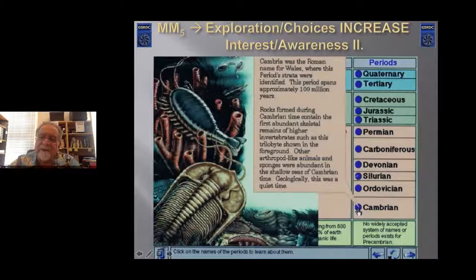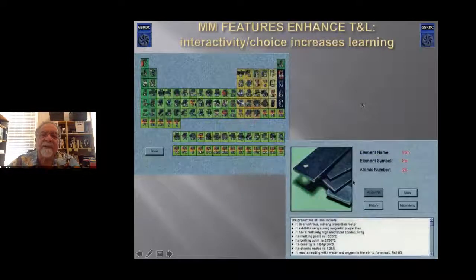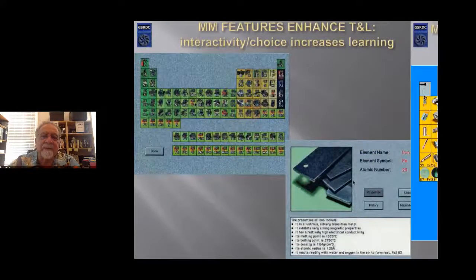And some of these, only around the Devonian did we get out of the ocean. It gives them a feeling and again, control. They can pick to go forward or backward or recycle the thing or pick any of these periods and it would show a period. This is just the Cambrian, but we have pictures of the Permian and the Cretaceous and the Tertiary and Quaternary.